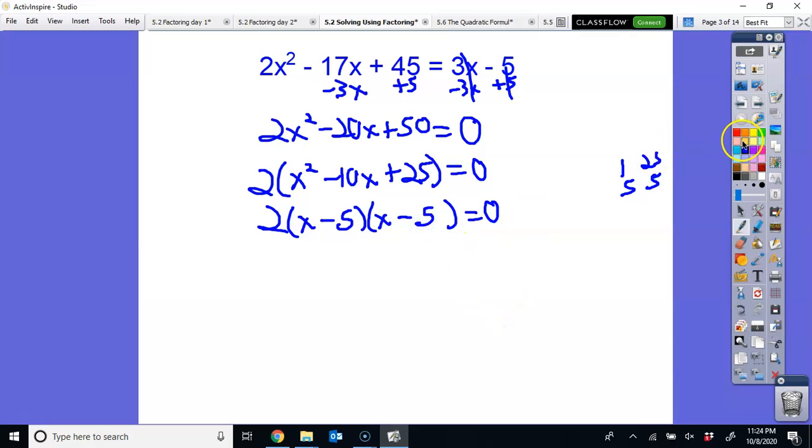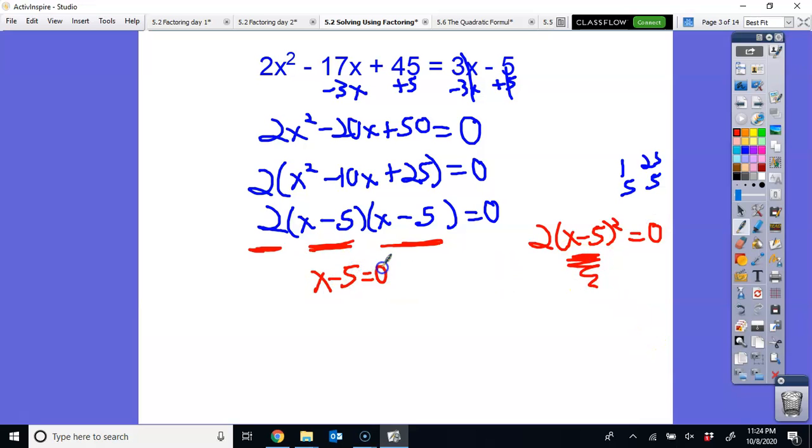Now notice this one is kind of like that one we talked about earlier. You have this times this times this, or in other words, 2 times x minus 5 squared equals 0. That means this right here, x minus 5, has to be 0. That means I only have actually one answer, 5.